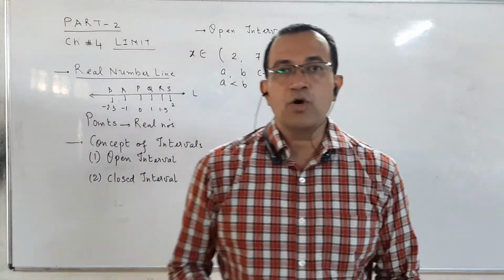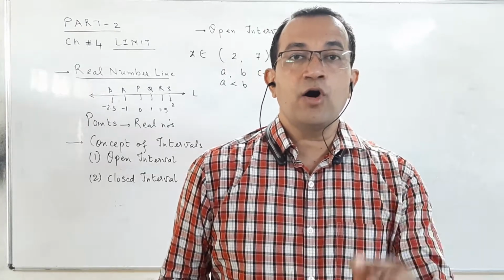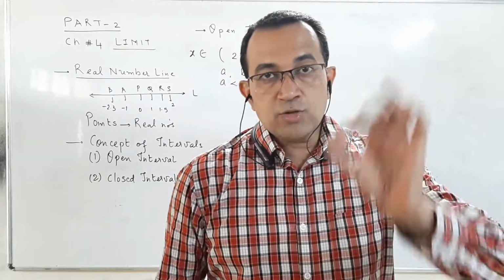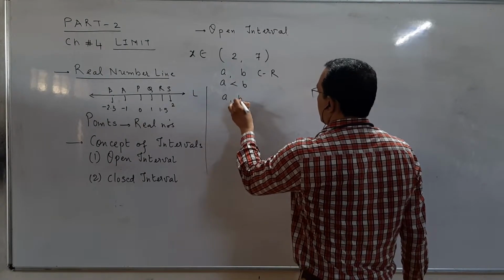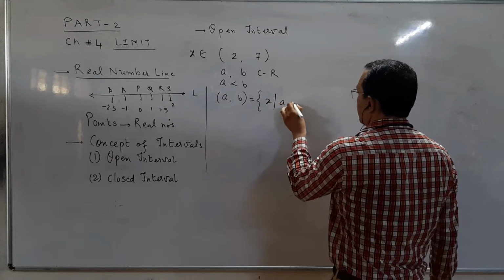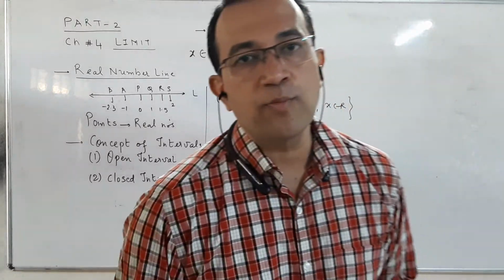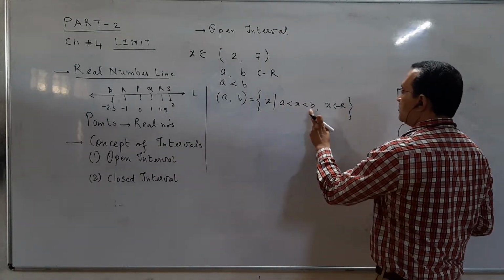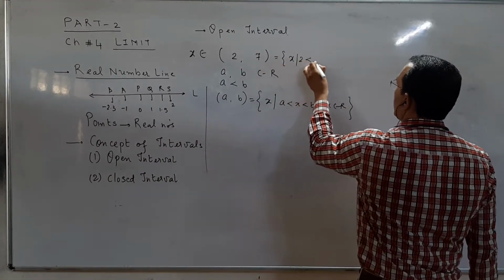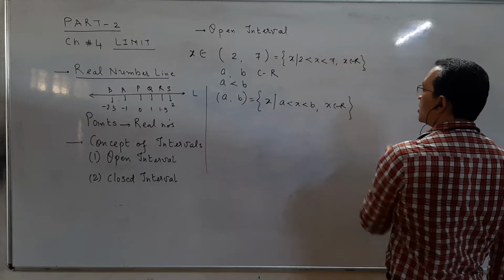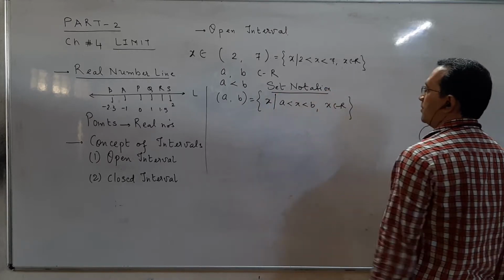So once again, definition of an open interval: A and B be real numbers, A less than B. The set of all real numbers lying between A and B, excluding A and B, is called open interval AB, and open interval AB is written in this form, and the set notation is x such that A less than x less than B and x belongs to R. The set notation of open interval AB is x such that x is between A and B, and definitely I can say x belongs to R. So here I can write x such that 2 less than x less than 7, and definitely x belongs to R. So this is called, students, set notation of open interval AB.